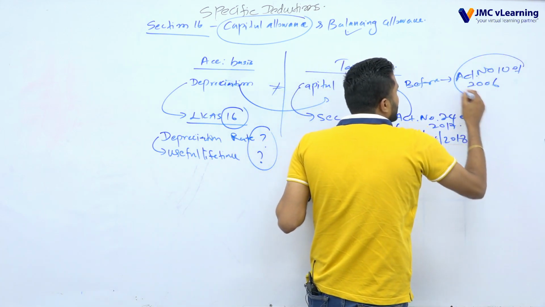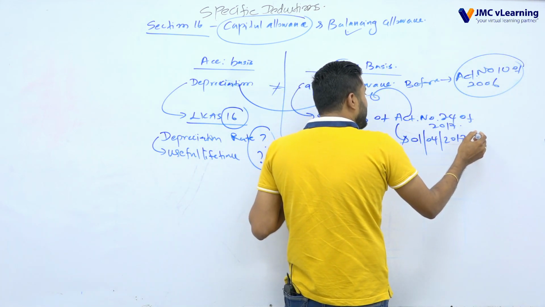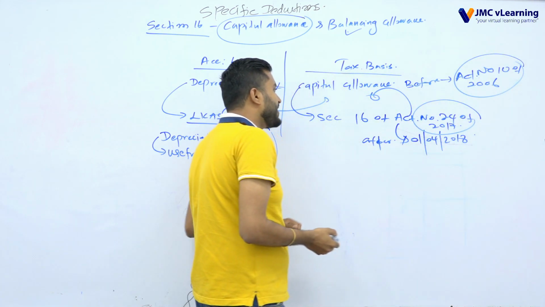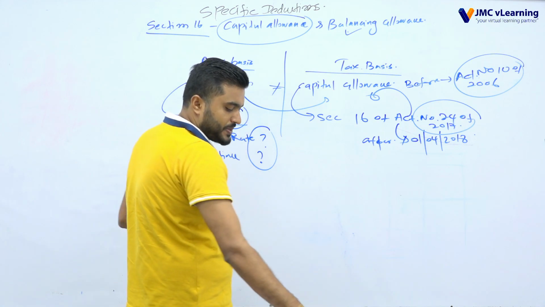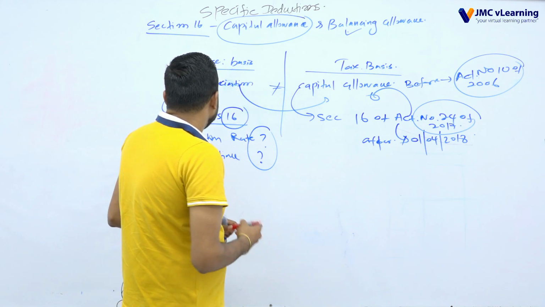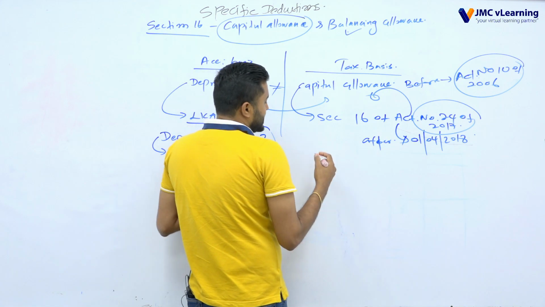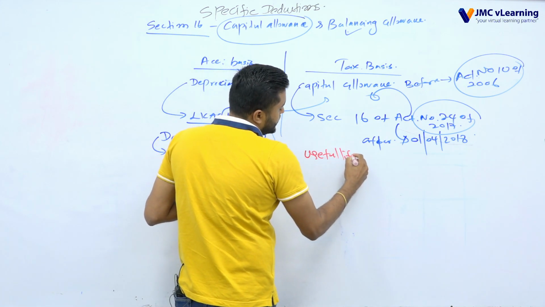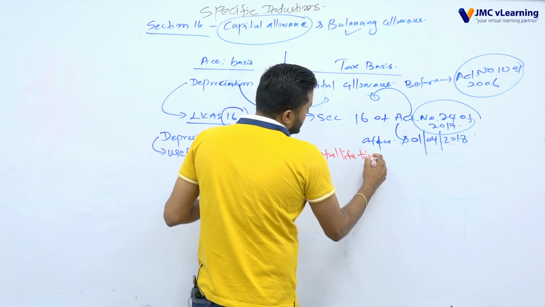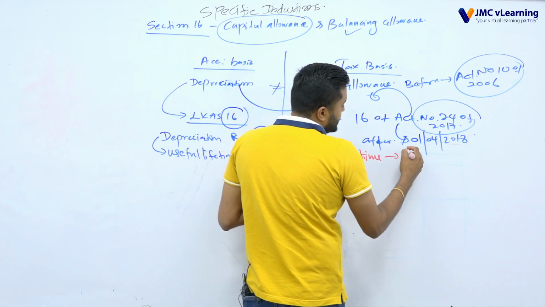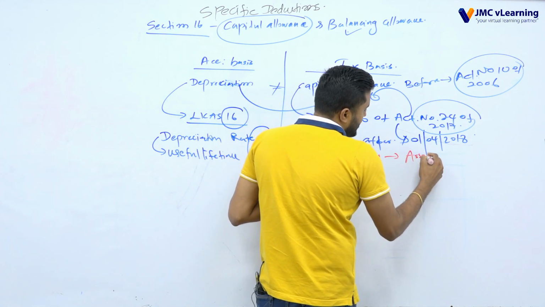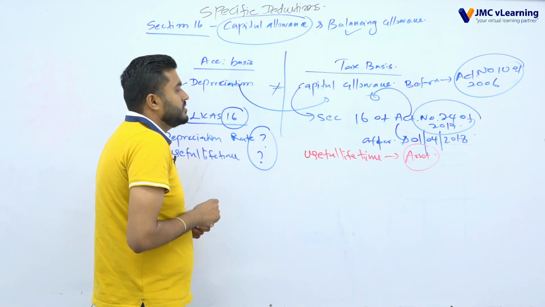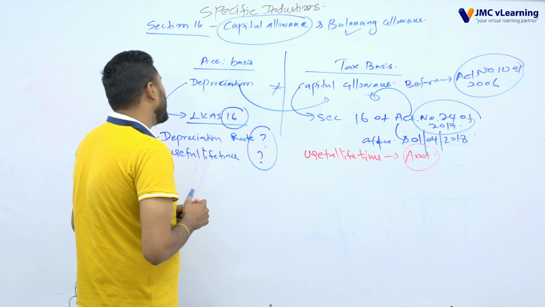Therefore, these acts clearly define the particular useful lifetime of a particular asset. That is the difference. Why?